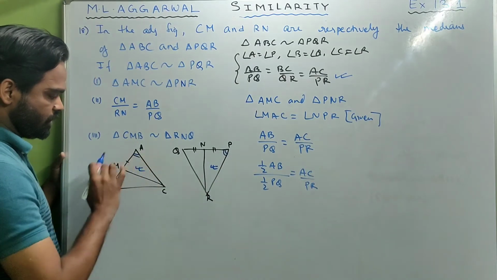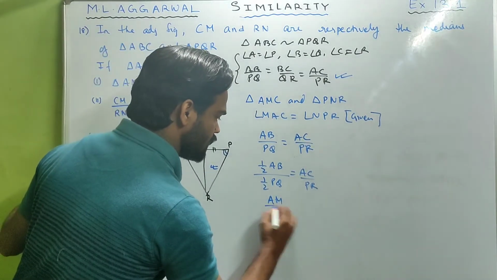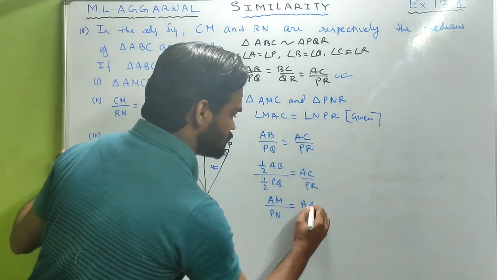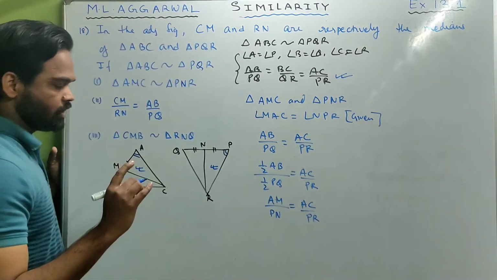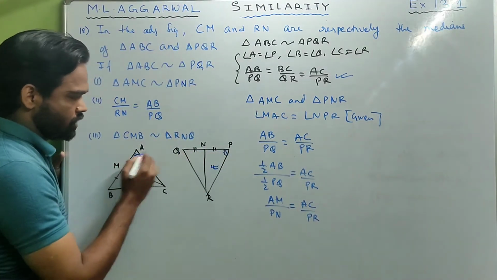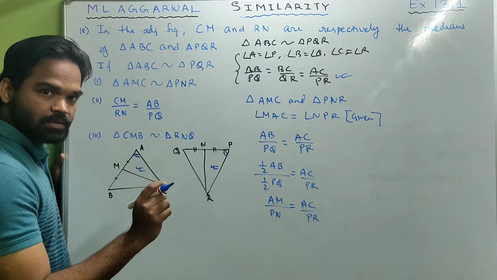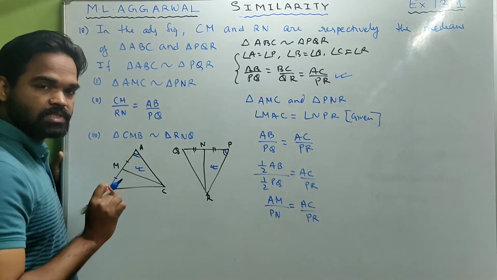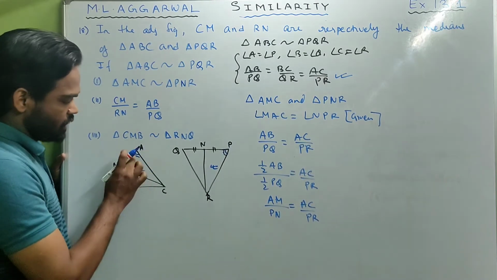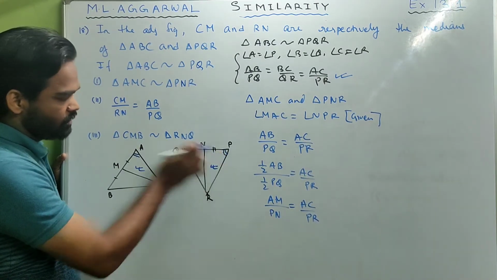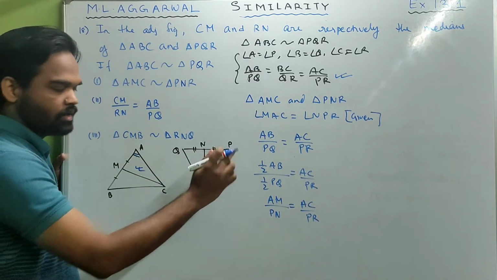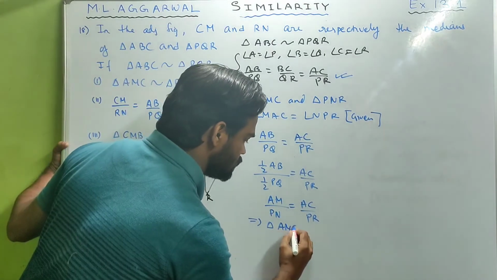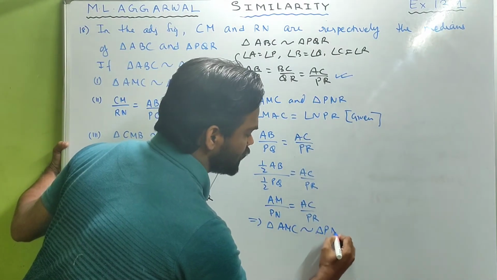Now half of AB is nothing but AM. Half of PQ is nothing but PN. So AM by PN is equal to AC by PR. Now look carefully. These angles are equal and the sides including this angle are proportional to each other. See, AM by PN is equal to AC by PR, which means triangle AMC is similar to triangle PNR.